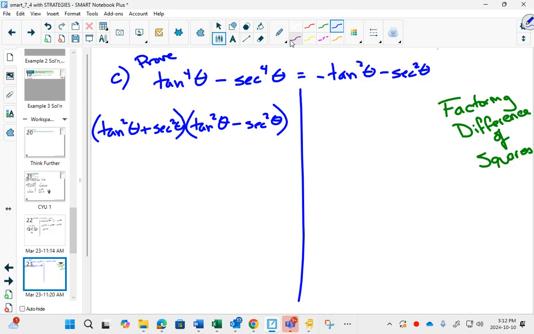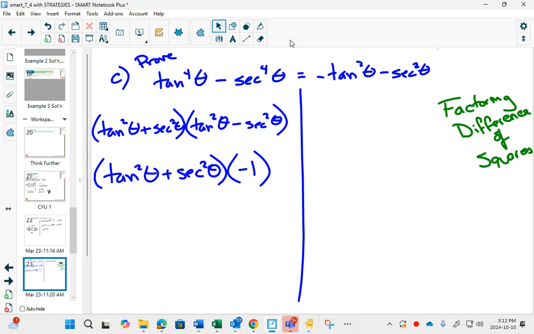Now I'm going to lose a mark, so don't write down the next step quite yet. I'm going to lose a mark because I'm going to do this. It's not wrong, but I still have to lose a mark. Can you see what I did to change this one to this?